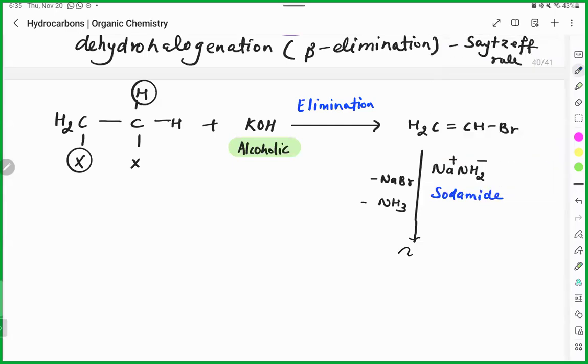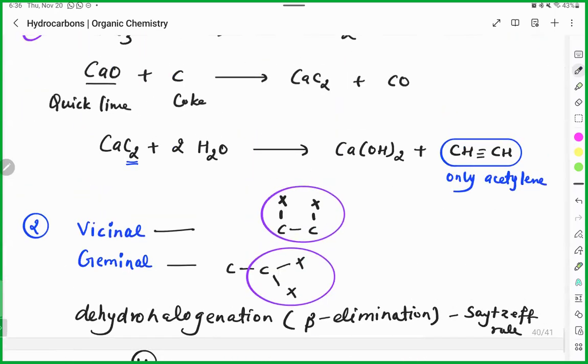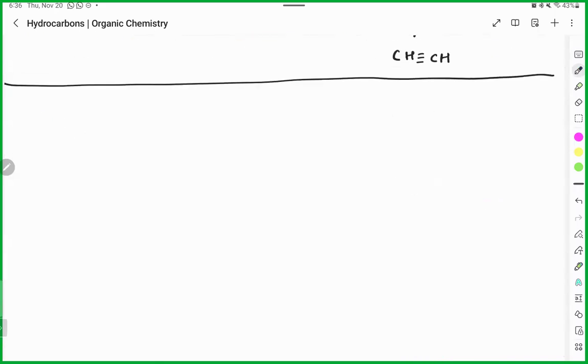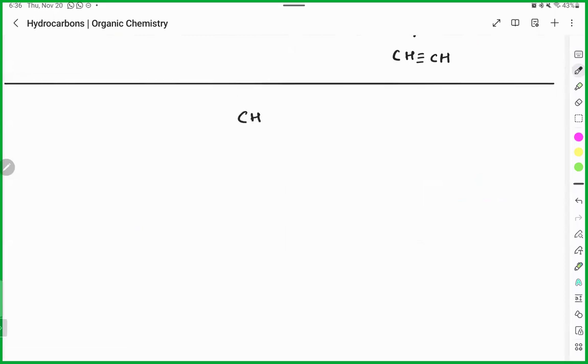So what will happen here? It will be CH triple bond CH. So these are the two preparations of alkyne. If anybody asks me for a summary, though it is the smallest summary so far, there are only two methods.